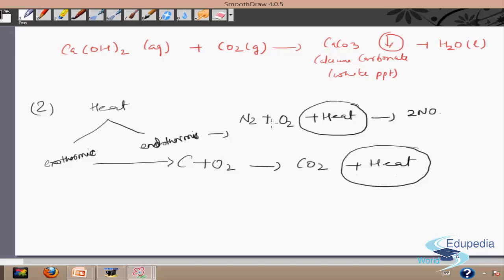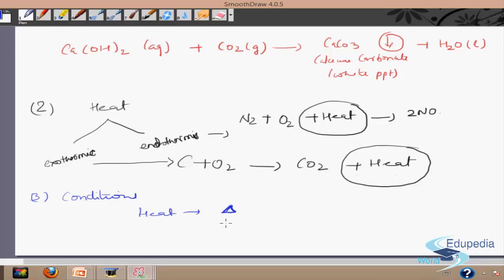Now, if you take the third condition, which is to indicate the conditions under which the reaction takes place, that is, if heat is required for a reaction to take place, then the heat sign delta can be given on the arrow.